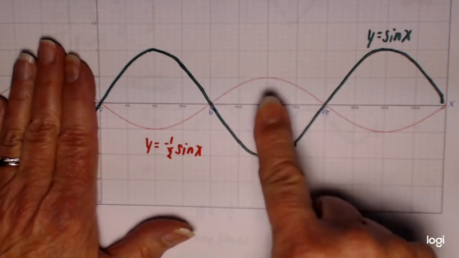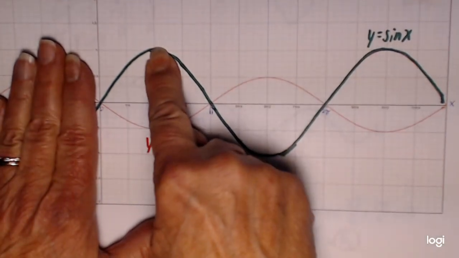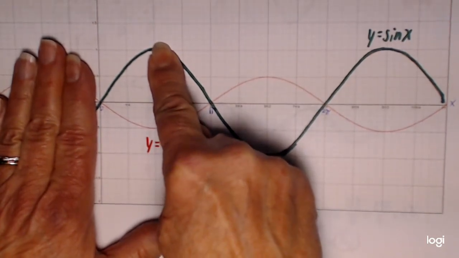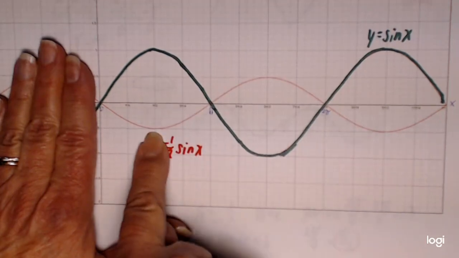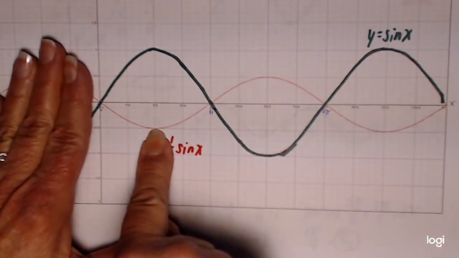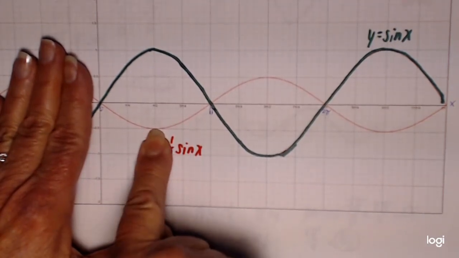And now at pi over 2, in our sine of x, we had the maximum of 1. But in the function we just graphed, we have a minimum at negative 1/2.